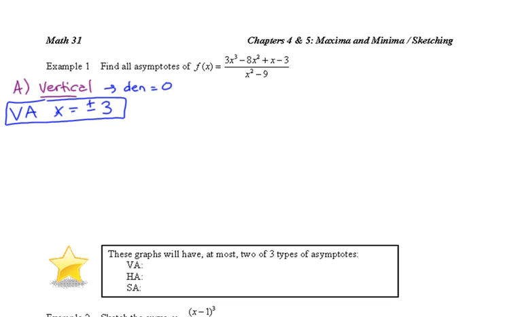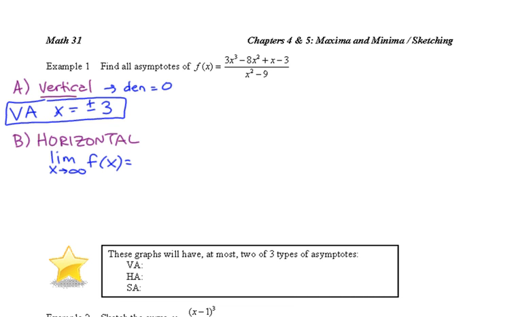Okay, so B, horizontal. How do we check if there's a horizontal? We want to do x approaching infinity. The limit as x approaches infinity of our function.